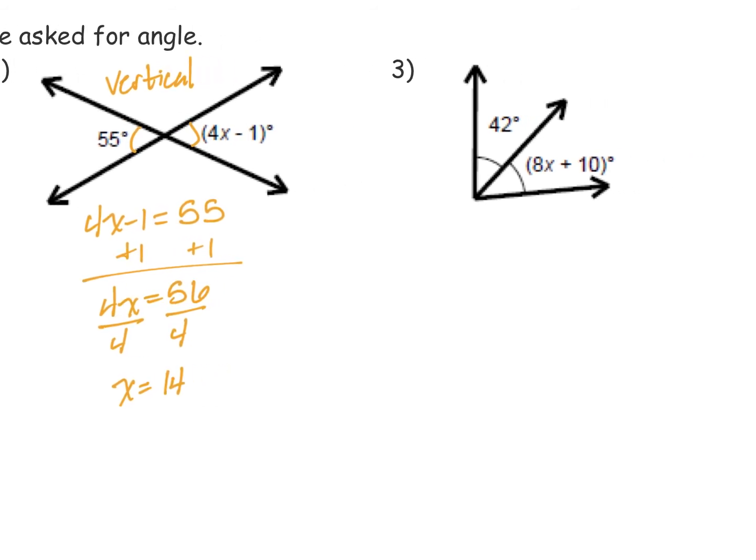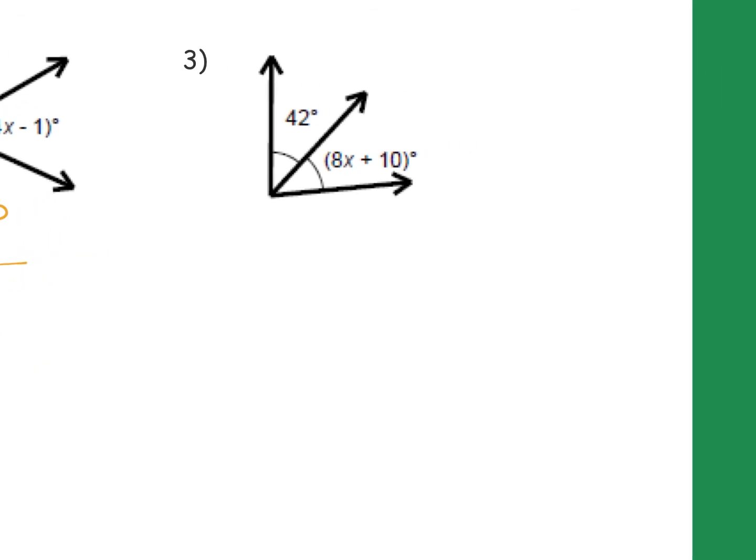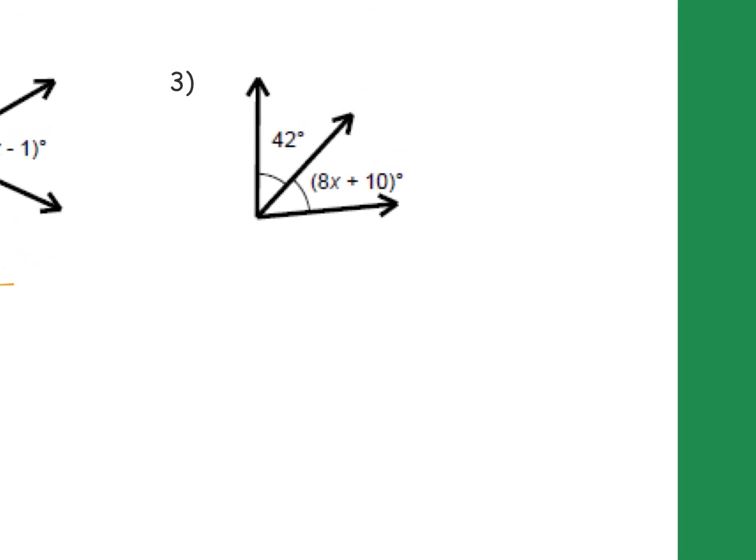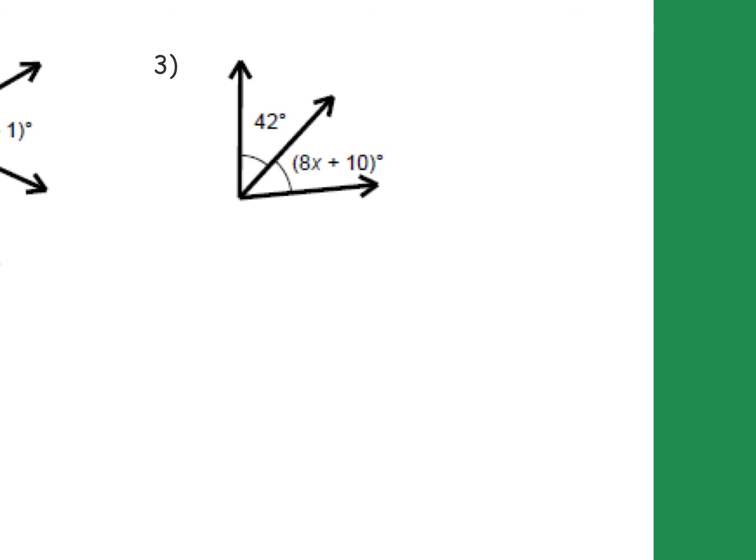Okay, what is my next set of angles? Next pair of angles. Linear pair? Do these two angles form a line?